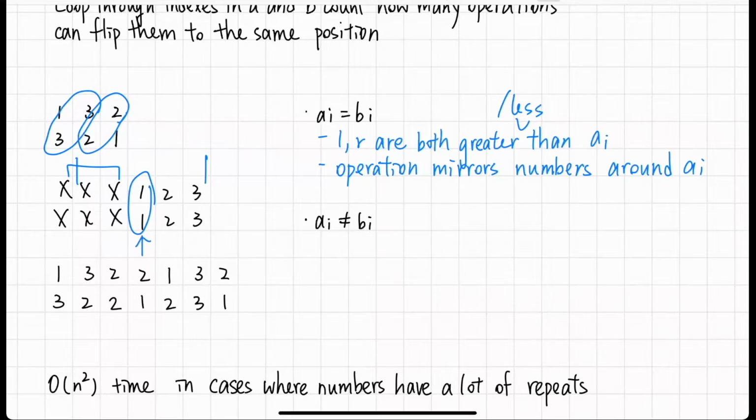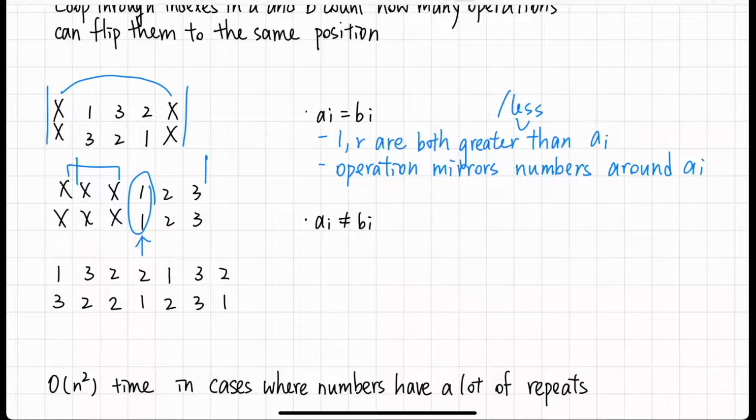If there are more numbers here, then another operation could be one that flips numbers in this entire range, and the numbers would flip like this. And in this case, this one would still go to this position.